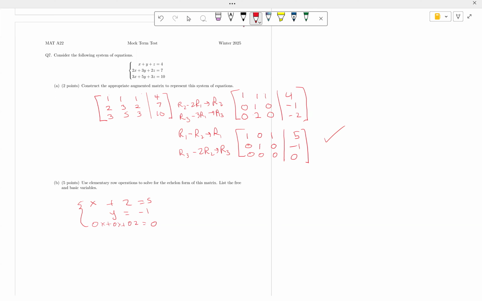And here, our pivot entries, or these first non-zero entries, they represent our basic variables. So our basic variables are x and y. And every other variable is a free variable. So our free variable here is z. So we have the basic variables x and y, and we have our free variable z.